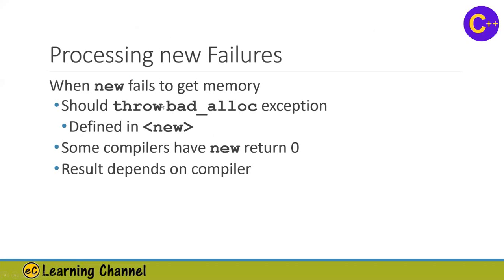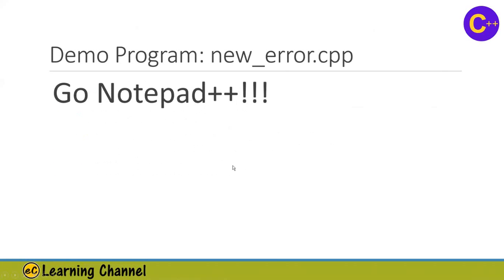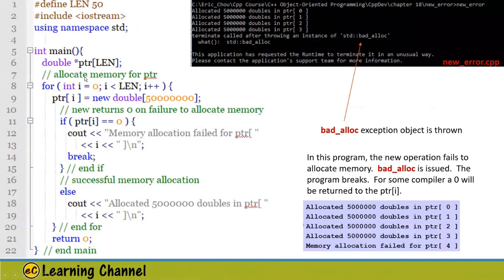The new operator may fail, and you will throw a bad allocation exception. This is different. This is when you actually have a creation error. Basically, you have a pointer to an array, and then you try to create a super big array for this. So you will actually fail.